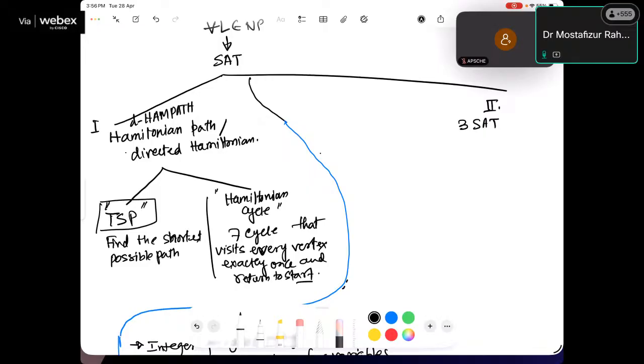Now, 3-SAT also has a number of things. For example, it has two particular parts. One is called exact one-in-3 SAT: each clause has 3 literals and exactly one must be true. So one of the literals has to be true.